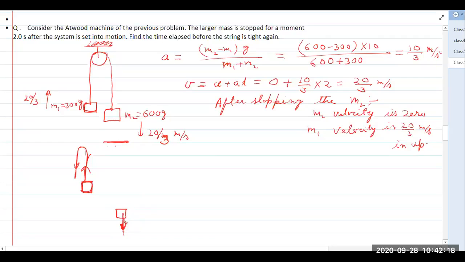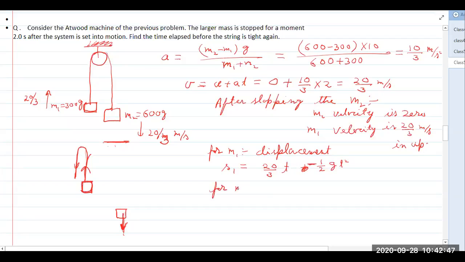So for M1, the displacement S1 will be how much? The initial velocity is 20 by 3, so S1 equals 20 by 3 t minus half g t square, that is ut minus half g t square, which we are writing for M1.